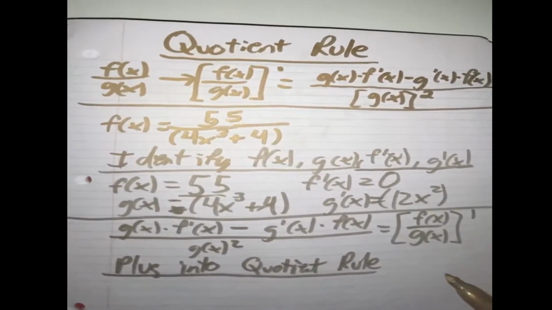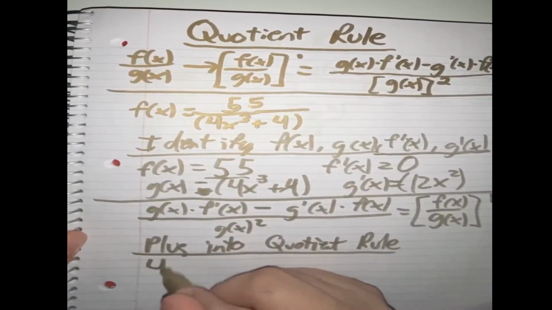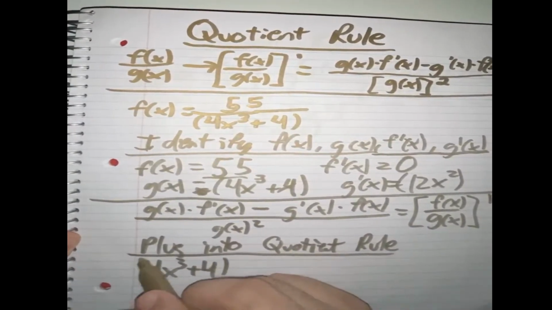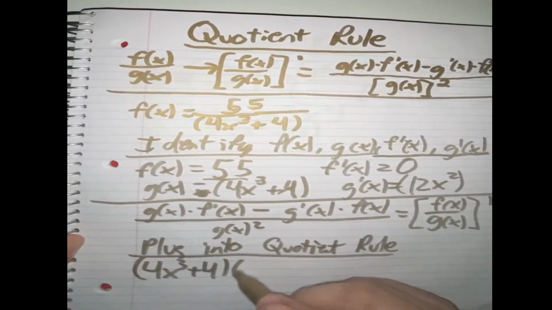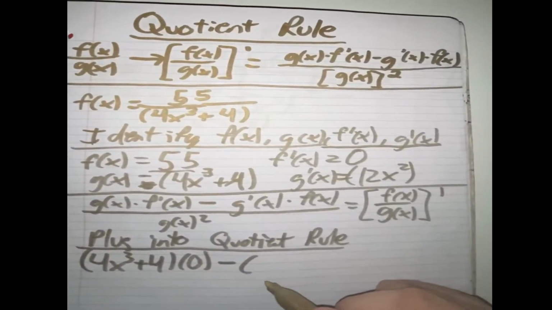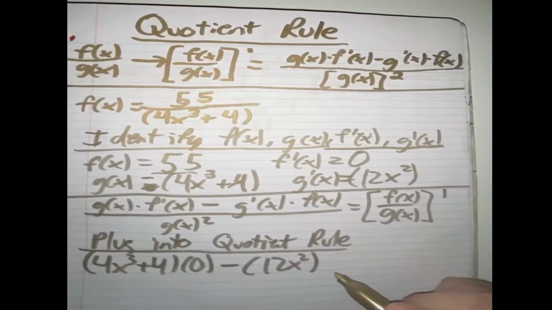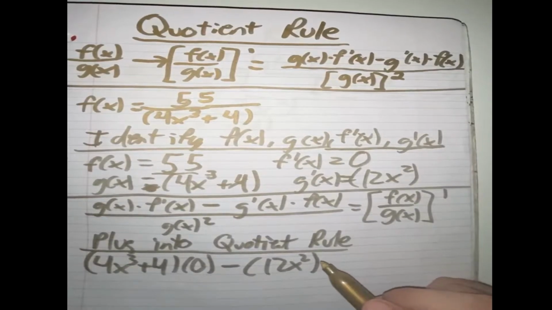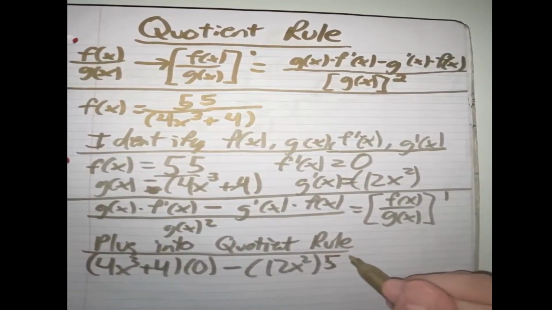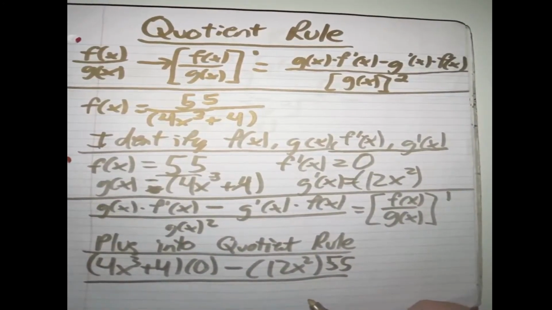So without further ado, we're going to go ahead and plug in. g of x was 4x cubed plus 4 times f prime of x, which is 0, minus g prime of x, which is 12x squared, times f of x, our f of x is 55, divided by g of x squared.